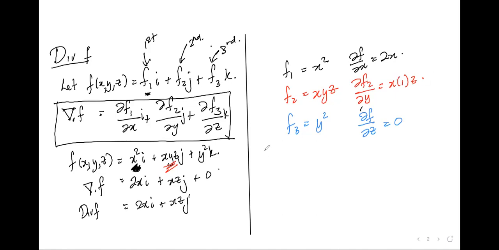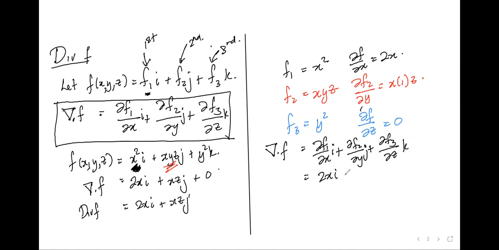So that's why we're saying that it is going to be equal to differentiate the first one with respect to x and the second one with respect to y. If the j part of the function is not there, then you write 0 for whichever one it is. And we differentiate the third one with respect to z. We put that together.